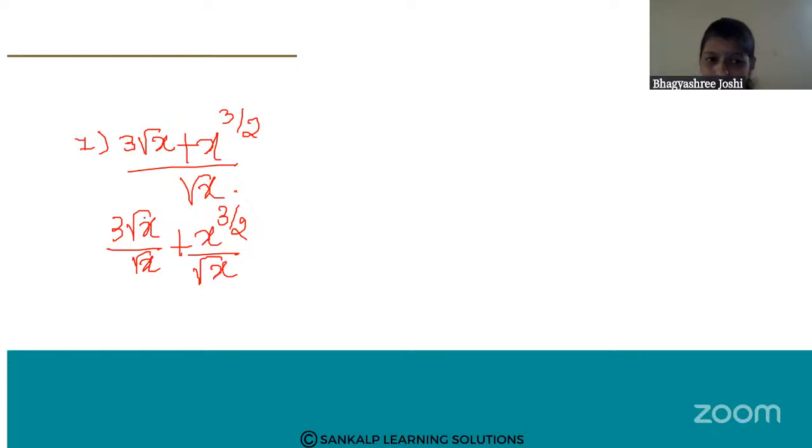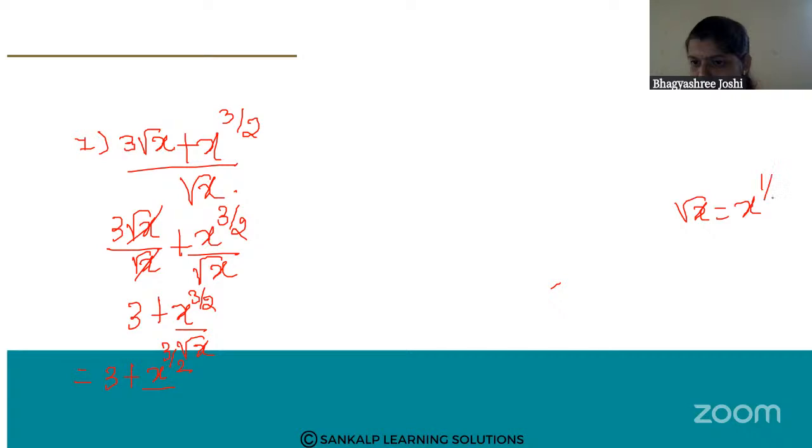Now, root x will get cancelled. 3 plus x raised to 3 by 2 divided by root x. Now, root x can be written as, just now only I told, root x can be written as x raised to 1 by 2.